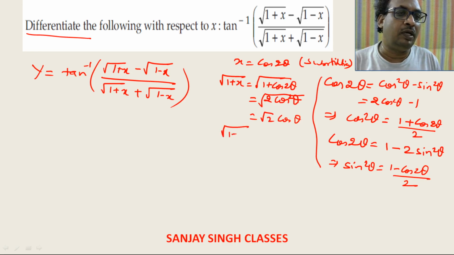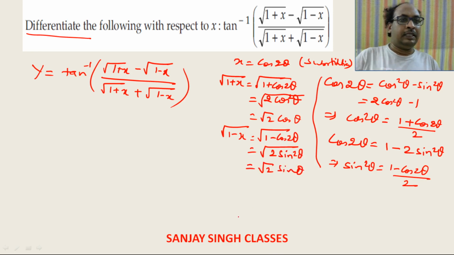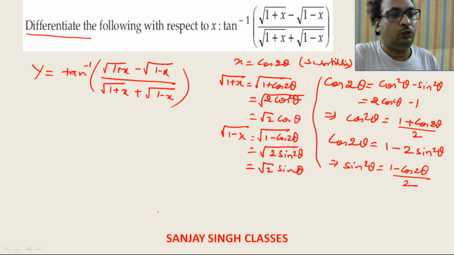Similarly, for root 1 minus x, root 1 minus cos 2 theta gives us root 2 sin square theta, so we get root 2 sin theta. The same we are going to substitute now.